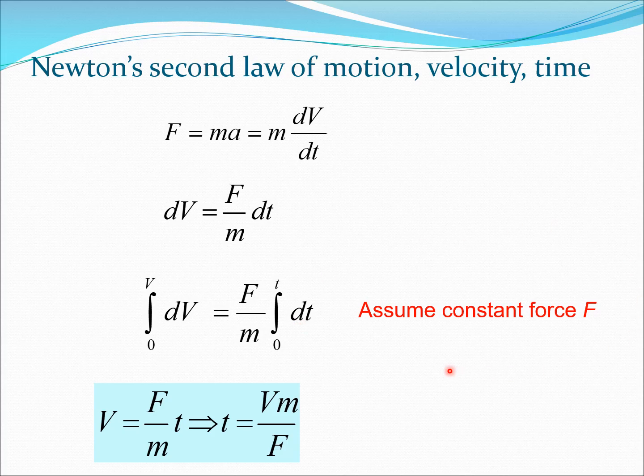Now if you look carefully at this derivation, we have made two assumptions. One is that the force F is constant, and also that at the start of this process the velocity is 0 and at the end the velocity is V, and also time is 0 and at the end the time is t. These are essentially the bounds of the definite integral.